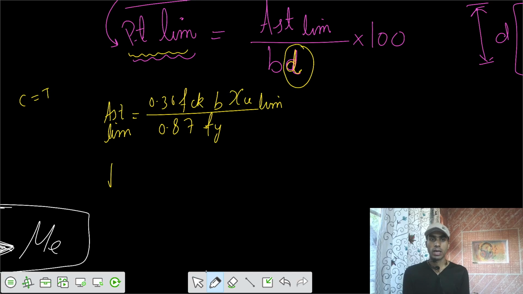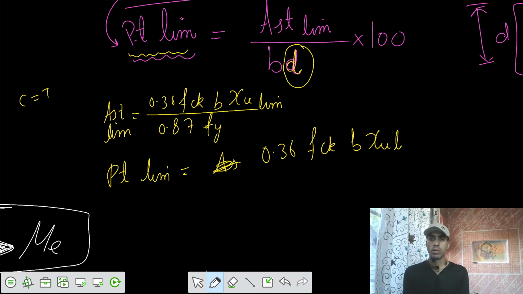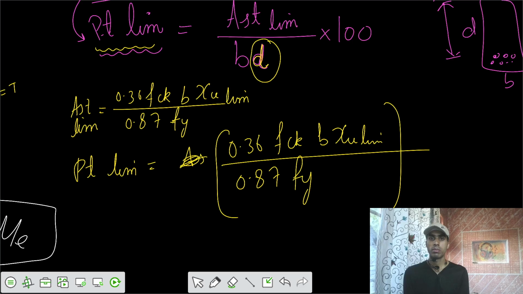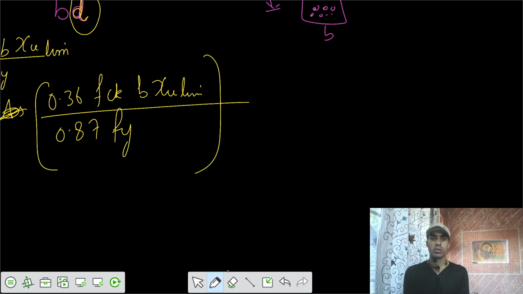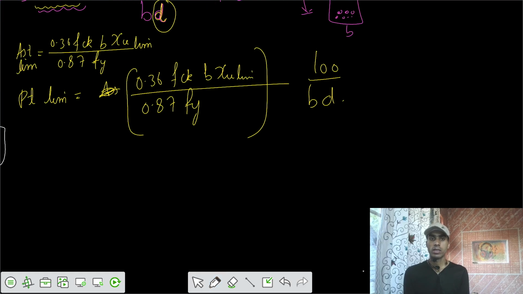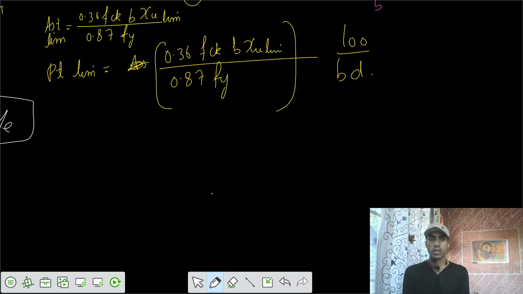We substitute here. I would get PT limiting equals to 0.36 FCK B XU limiting divided by 0.87 FY, into 100 by BD. When you solve it, you would get PT limiting equals some factor into FCK by FY.